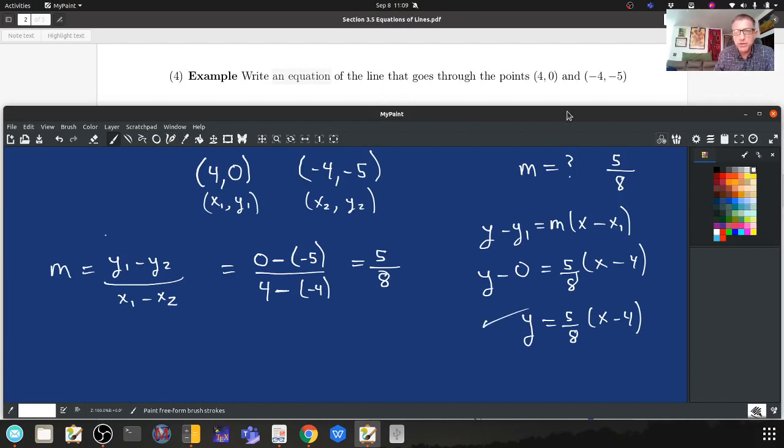So just to review here, we could have done this other ways, but I think this is the most straightforward way: you use the 2 points in the formula for m to get the slope, and then choose either of these 2 points. It does not matter. And you're going to get an equivalent equation.